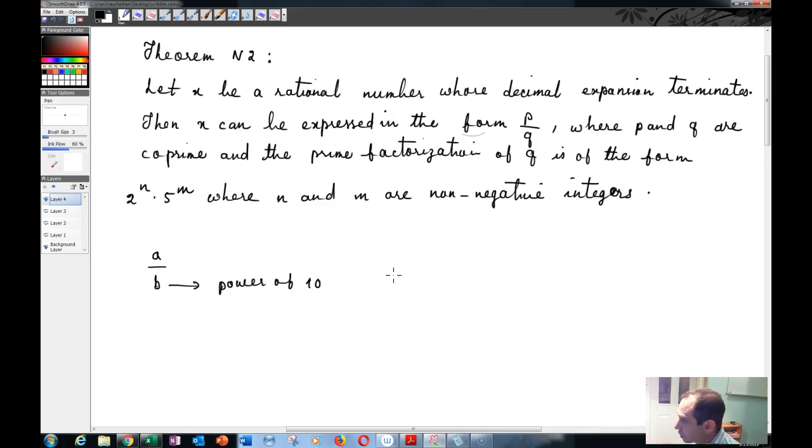Based on this reasoning, it's always going to be true.